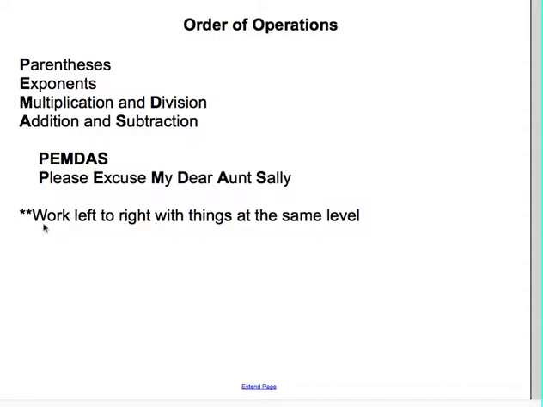And really important to remember, work left to right with things at the same level, or equal footing. So after you've done all the parentheses, or if there's more than one set of parentheses, work left to right on them.